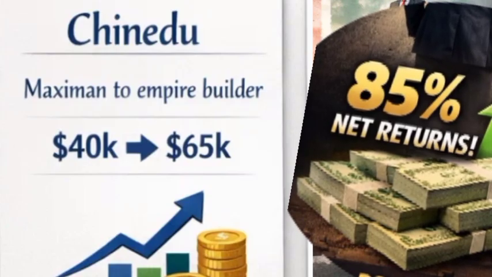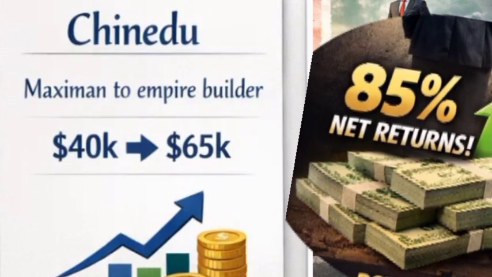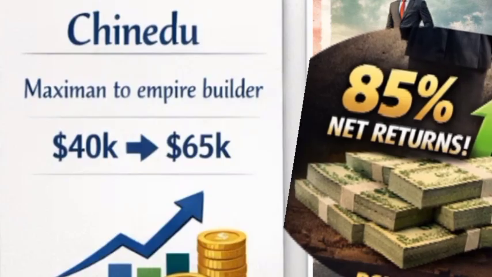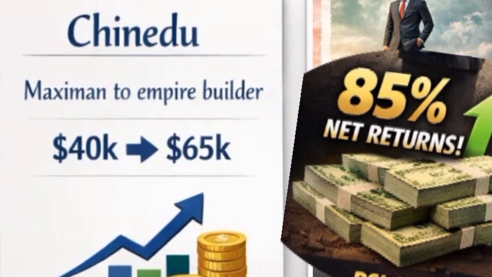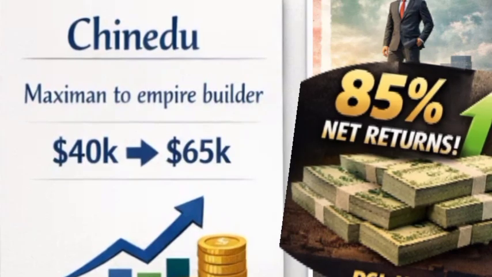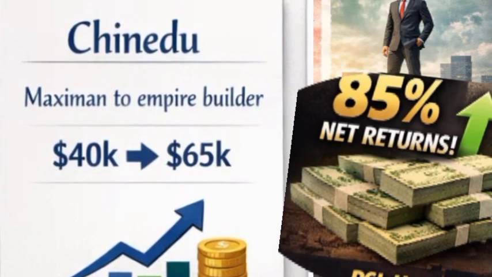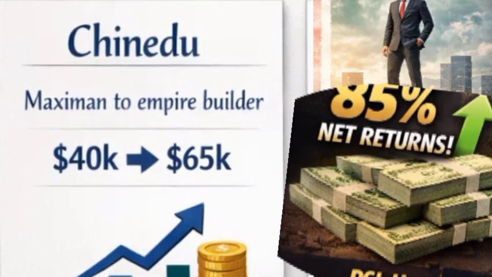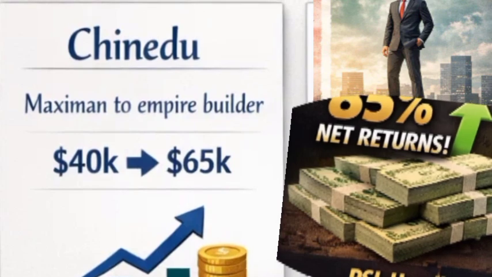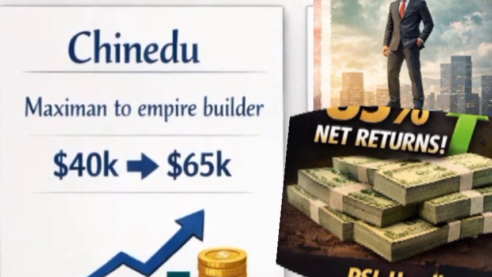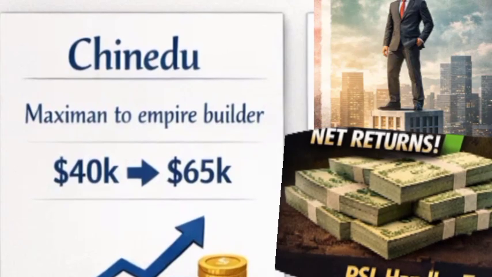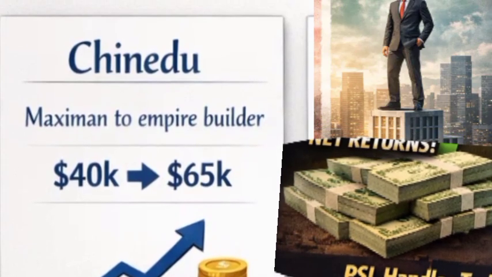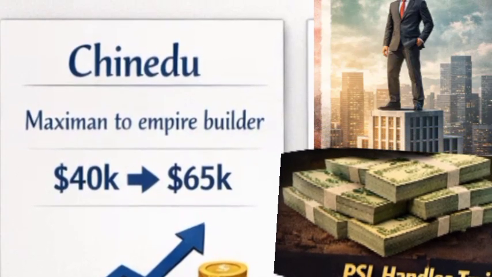Chinedu joined PSL as a DIY stakeholder, drawn by the weekly 45% gains and the sense of control. Within 6 months, he realized he was still grinding solo. He made the strategic shift to DFY auto staking. PSL's expert team and algorithm took over execution, while he sponsored the training of professionals to work on his behalf.